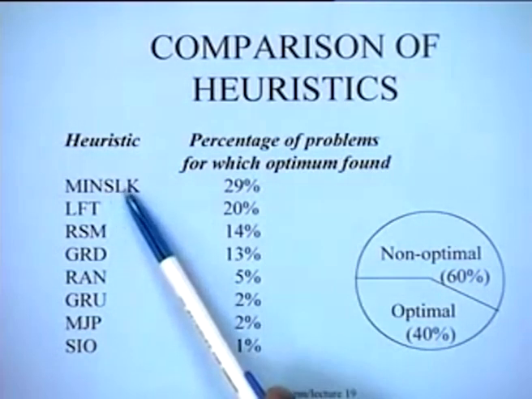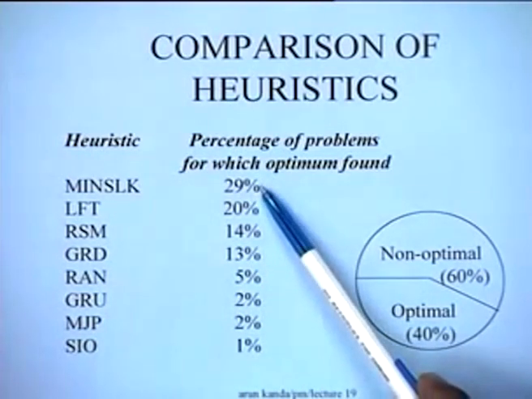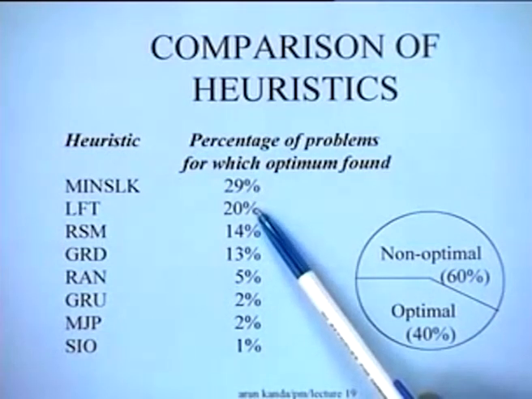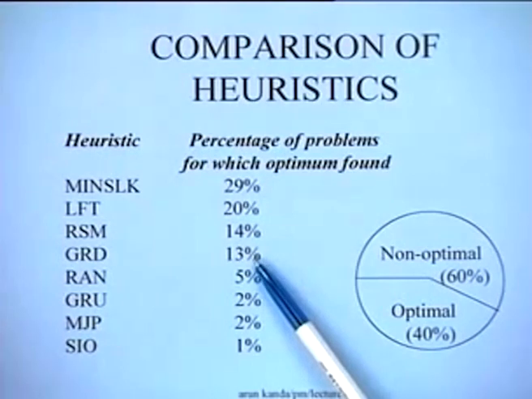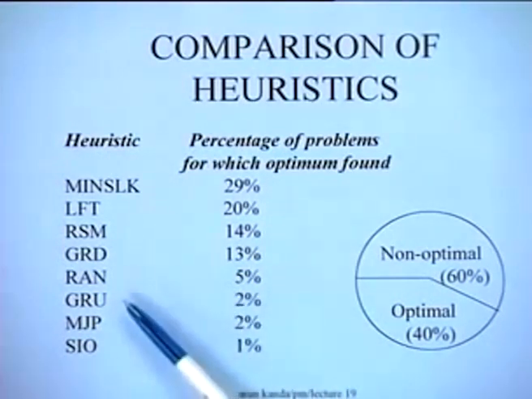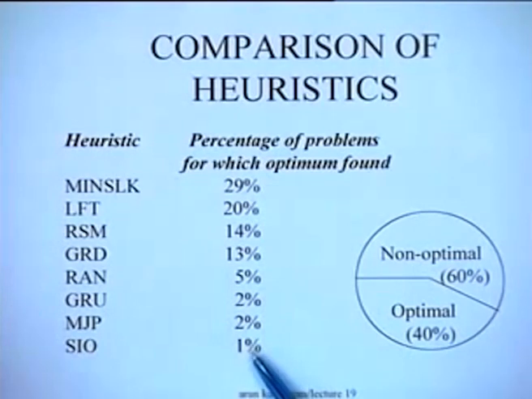It was found that the min slack heuristic for that set of problems led to an optimum in 29% of the cases, LFT in 20% cases, RSM in 14% cases, GRD, greatest resource demanded, in 13%, random in only 5%, greatest resource utilization in only 2%, most jobs possible in 2%, and shortest imminent operation was in fact only 1%, which was the worst performance as far as this was concerned.